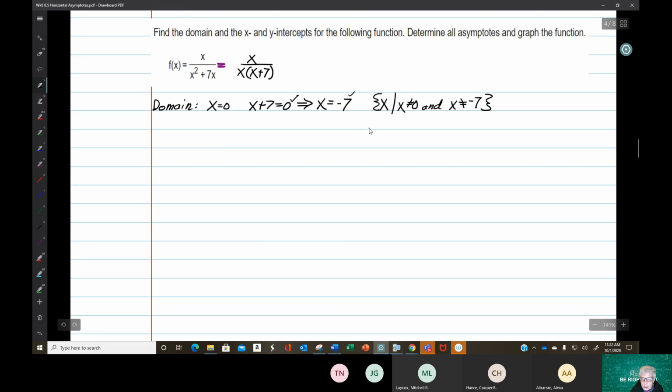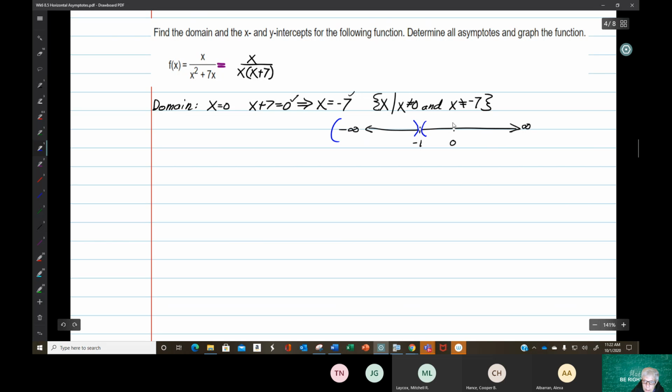To write interval notation, it's a good idea to draw a quick, spiffy little x-axis. And you'll have -7 somewhere over here and 0 somewhere over here. So you take those out. And then all these numbers are going to be okay.